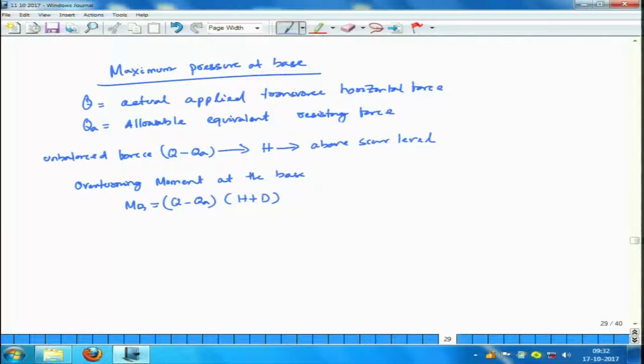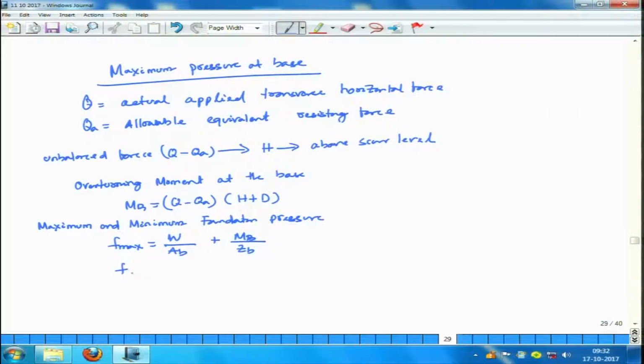The maximum and minimum foundation pressure, that means F maximum is equal to W by AB plus MB by ZB, F minimum is equal to W by AB minus MB by ZB.